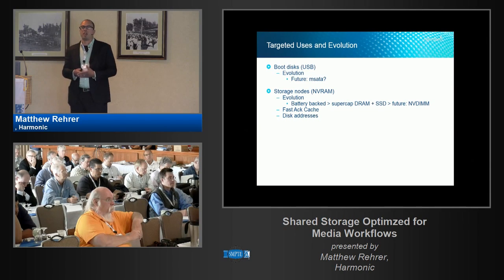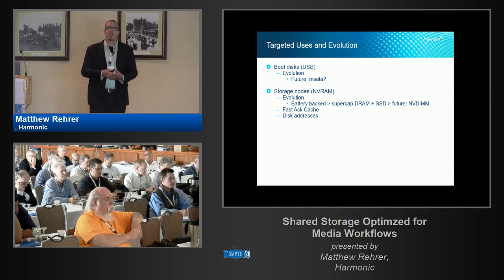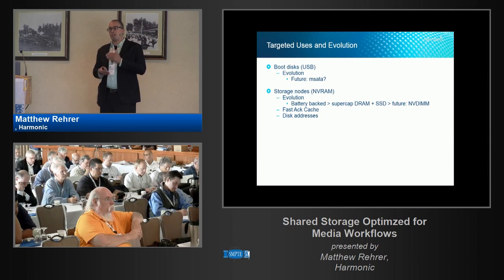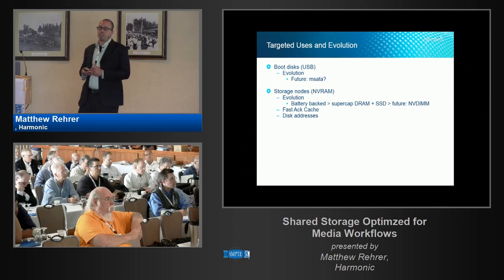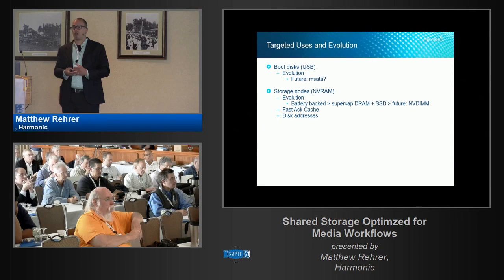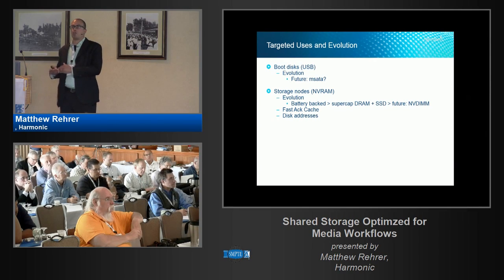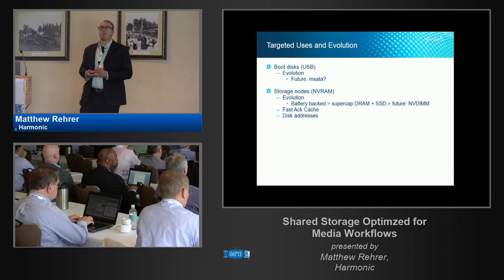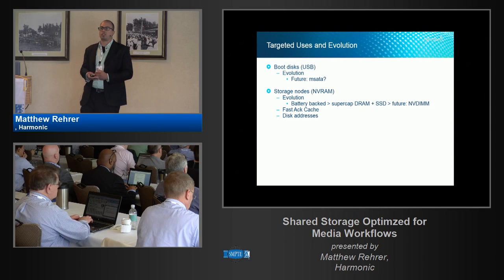In this case today, we're using something that's known as NVRAM, which is basically a PCIe card with a big DIMM on it, a supercapacitor to provide power for that DIMM if the power for the system goes out, and then a smaller pool of solid state also on that same card that, while the supercapacitor still has charge, allows the DIMM to be emptied into the solid state storage for persistent storage. So that allows us to say anything that lands in that pool is in fact persistent just when it hits the DIMM.